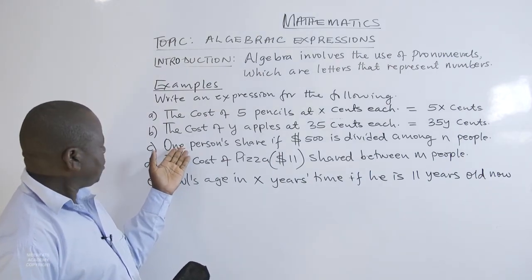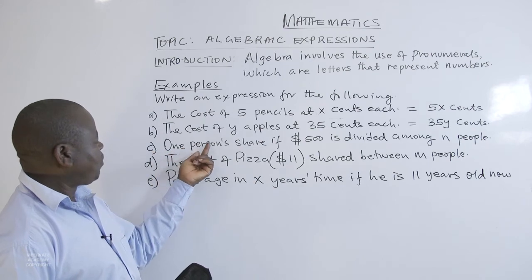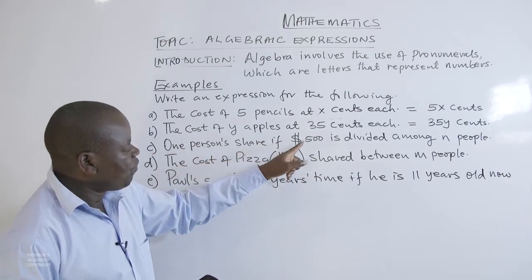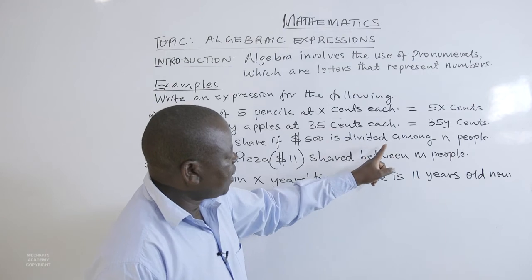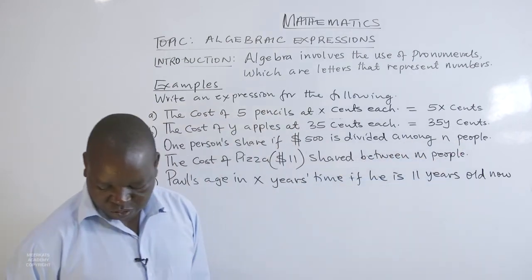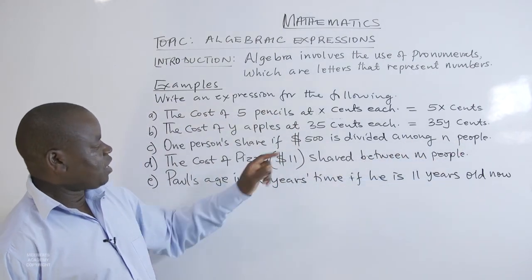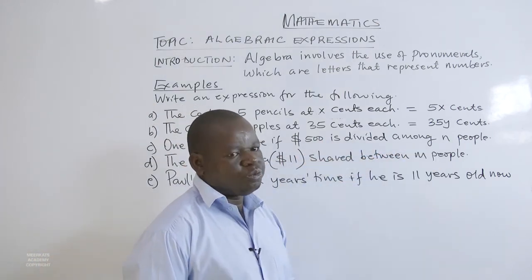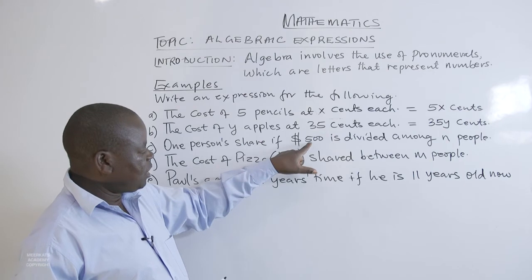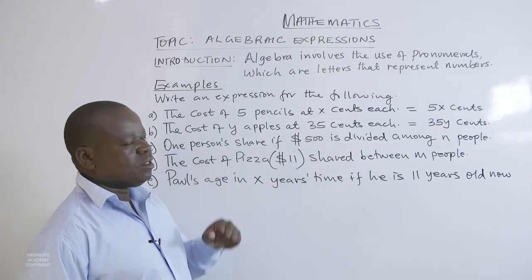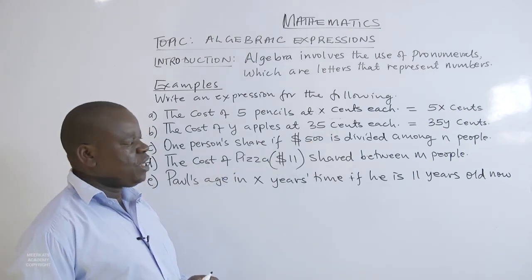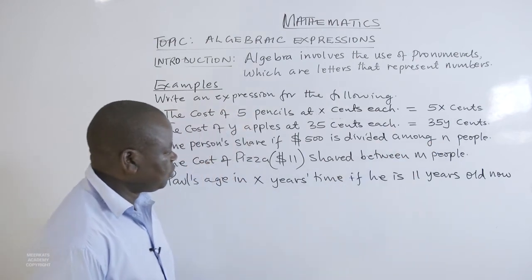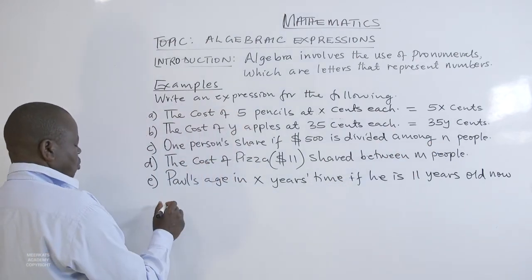Part C of our question: one person's share if 500 is divided among n people. We have $500 and we have n people. We want to divide this 500 between n number of people.